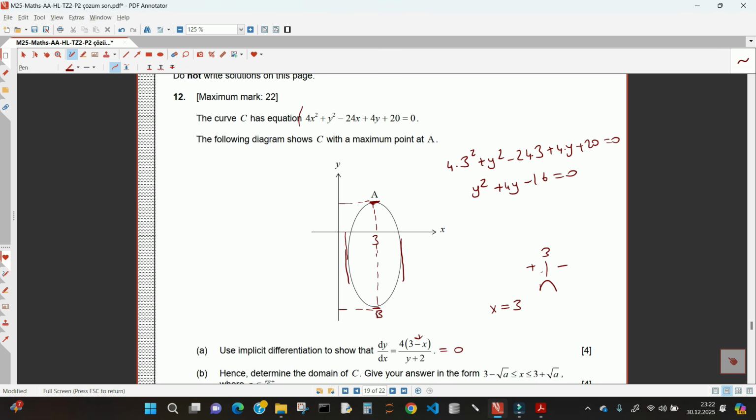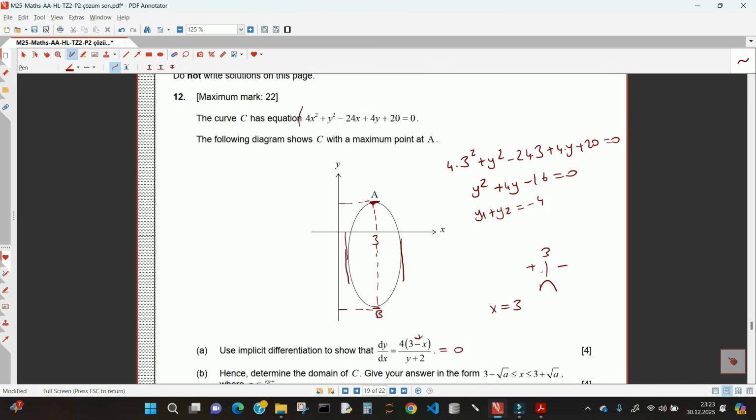Okay, so I don't want to find the y values. I just want to look at the midpoint of these values, and the sum of the roots y1 plus y2 is minus 4.